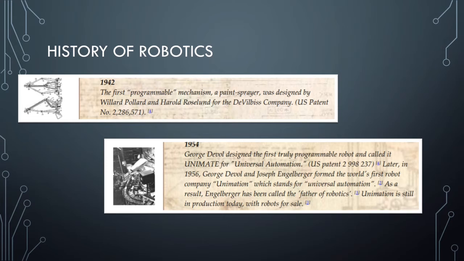In 1942, a programmable paint sprayer was designed, and then shortly after, in 1954, George Devol designed what we refer to as the first truly programmable robot, and then went on to form, in conjunction with his partner Joseph Engelberger, the world's first robotic company, Unimation, standing for Universal Automation. George Devol designed the first robot, but his partner actually got more of the credit, and Engelberger has been called the father of robotics.